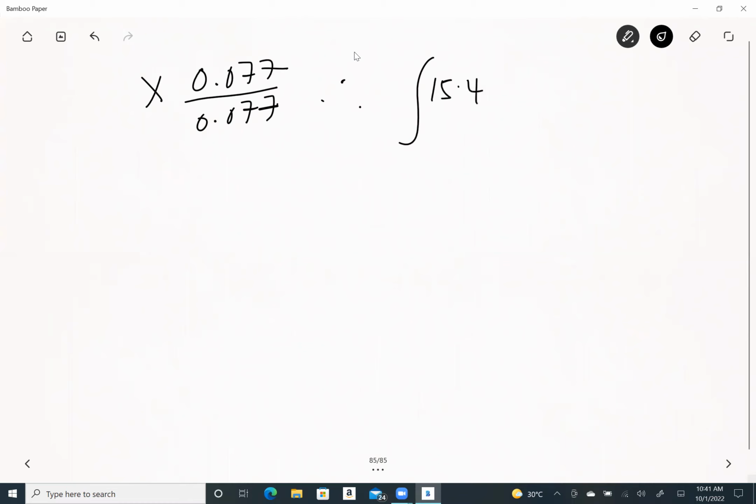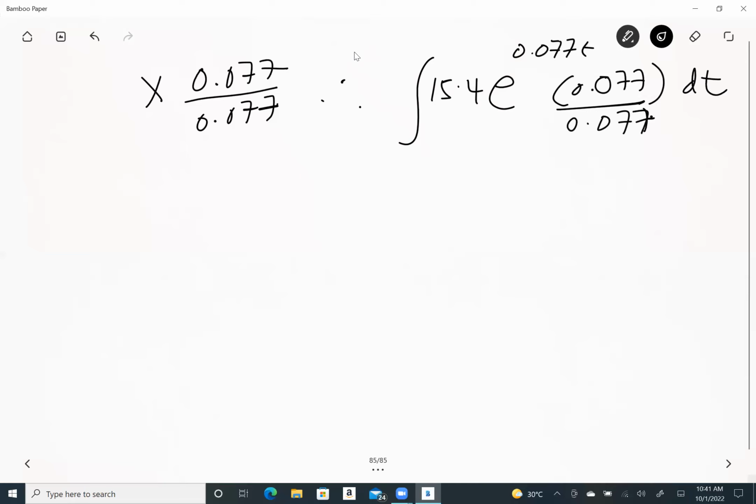15.4, e. I will do the extra step. I don't do the simplification yet. So we do the step multiplied by 0.077 divided by 0.077 dt. Here, that is the derivative that you need, u prime. Then we make the adjustment.